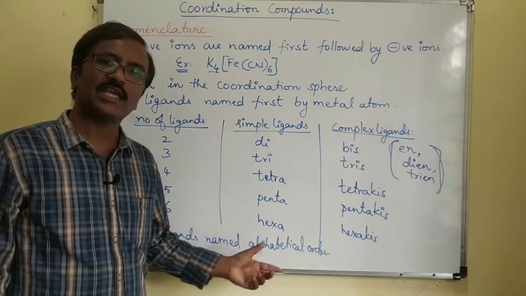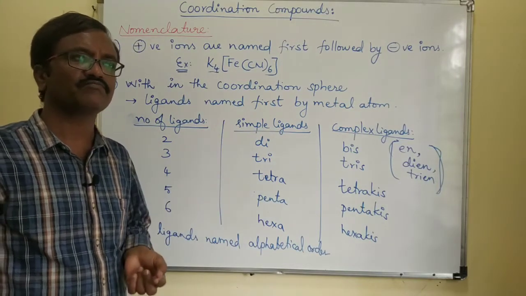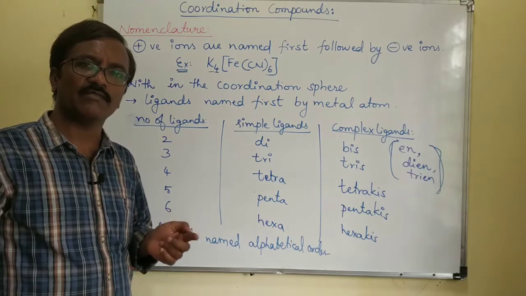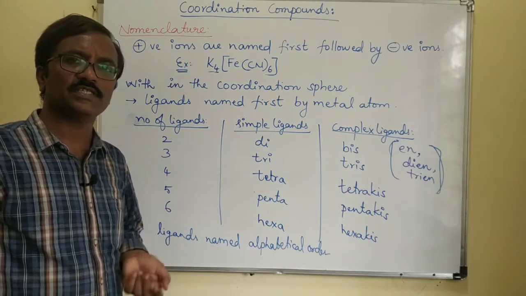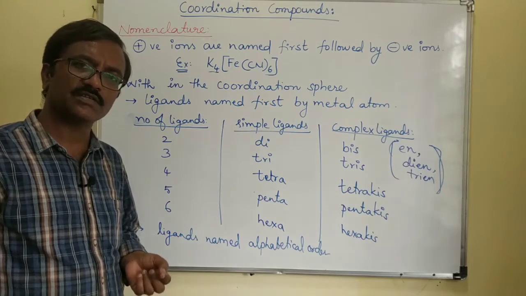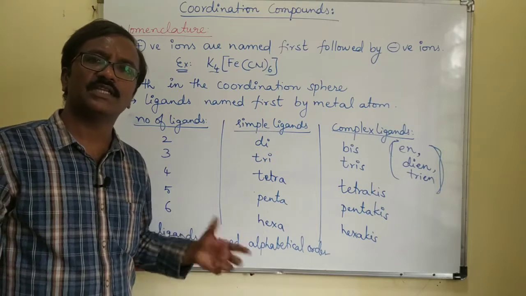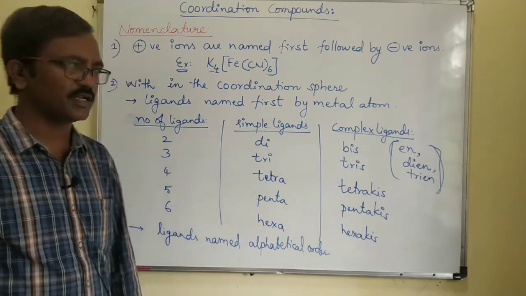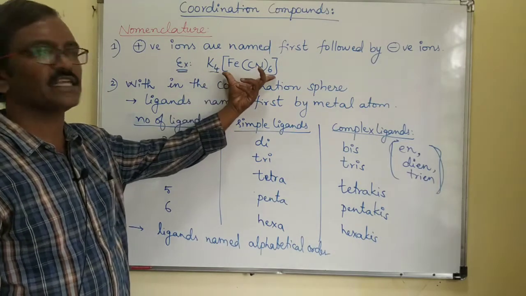Ligand names should be in alphabetical order. Suppose it is amine, aqua, or chloro, bromo, iodo, which one comes first? Bromo comes first, next chloro, followed by iodo. That means ligands should be named in alphabetical order, right? So first the cation, followed by the complex, which is the negative.